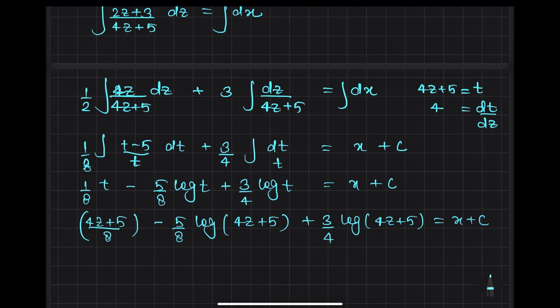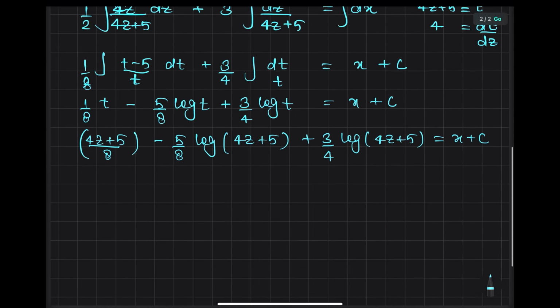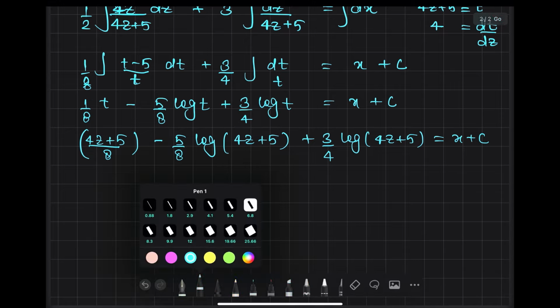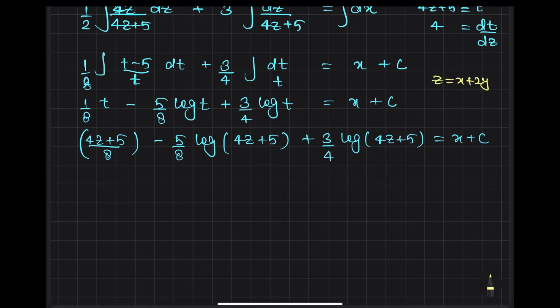Now you know that they have given the question in terms of x and y, not in z. So who was z? We considered z as x plus 2y. So replace this z with x plus 2y. Wait a moment. So z was x plus 2y, so 4z we can write as 4x plus 8y. The place where you observe 4z, replace it with 4x plus 8y.